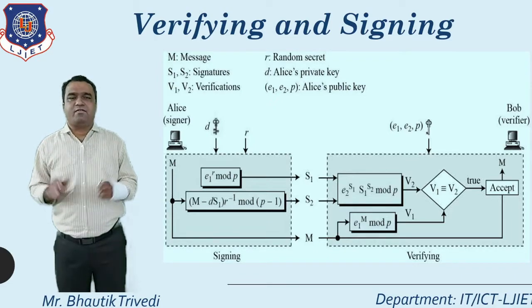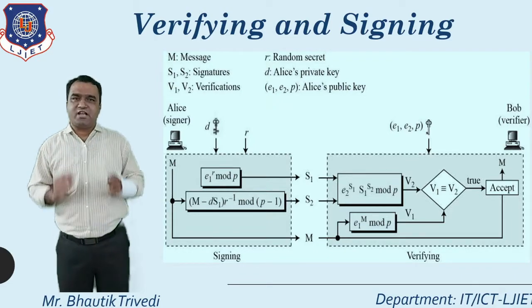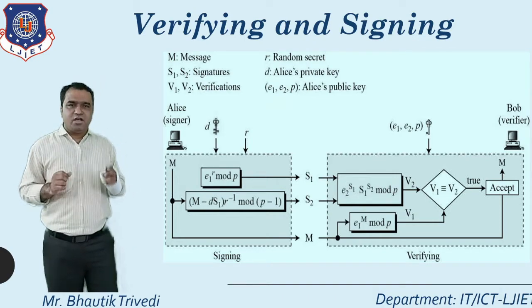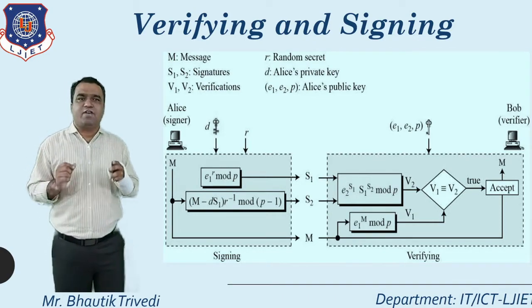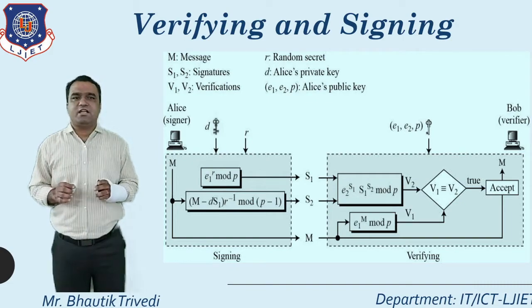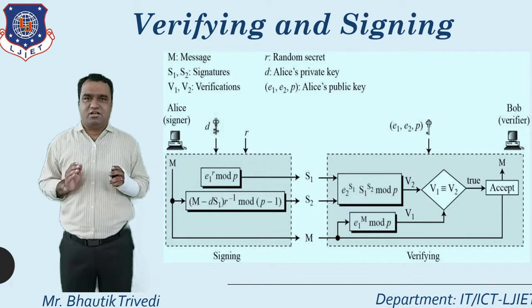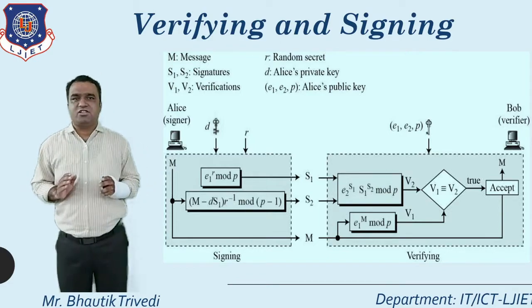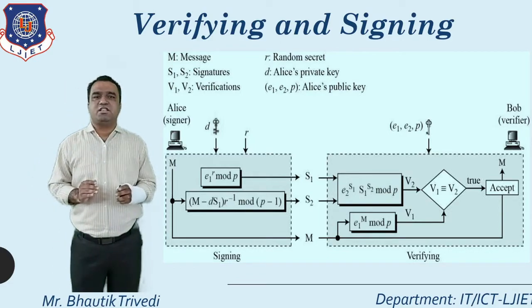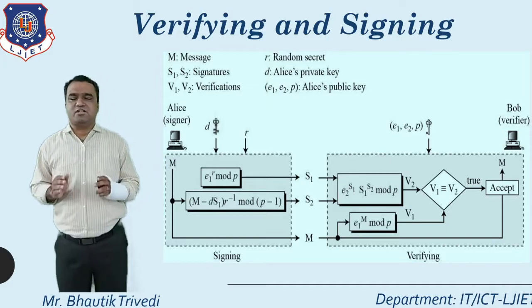After that, you compare V1 and V2, both retrieving the same value. If both retrieve the same value, you can directly accept the message, meaning this particular digital signature is a valid digital signature.